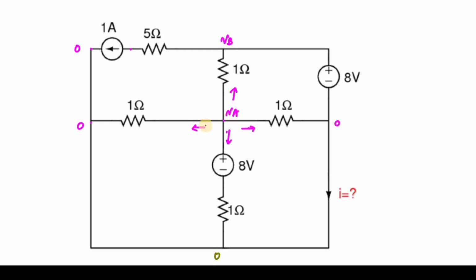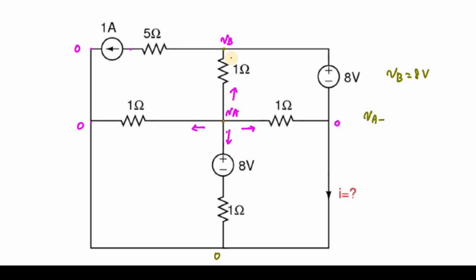And I am going to assume this point as VA, and the current flows in this direction, and this node as VB. So what is VB? VB is equal to 8 volt, right? The potential difference across this one is 8 volt. In order to find the current, I have to apply the nodal voltage method.